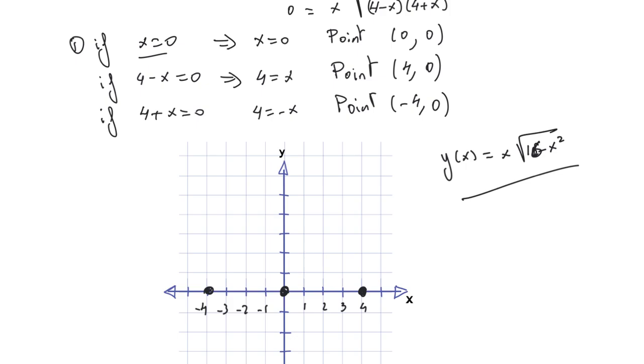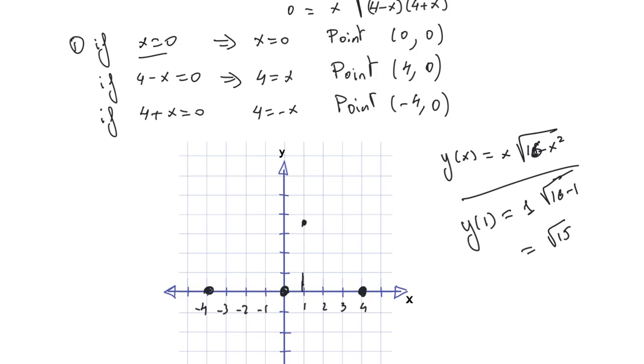And you know very easily that y of 1, when x is equal to 1, the value is the square root of 16 minus 1 squared, so the value is the square root of 15, which is positive. So here, the value is square root of 15. 15 is less than 4 squared, so the value is something like this here, less than 4.